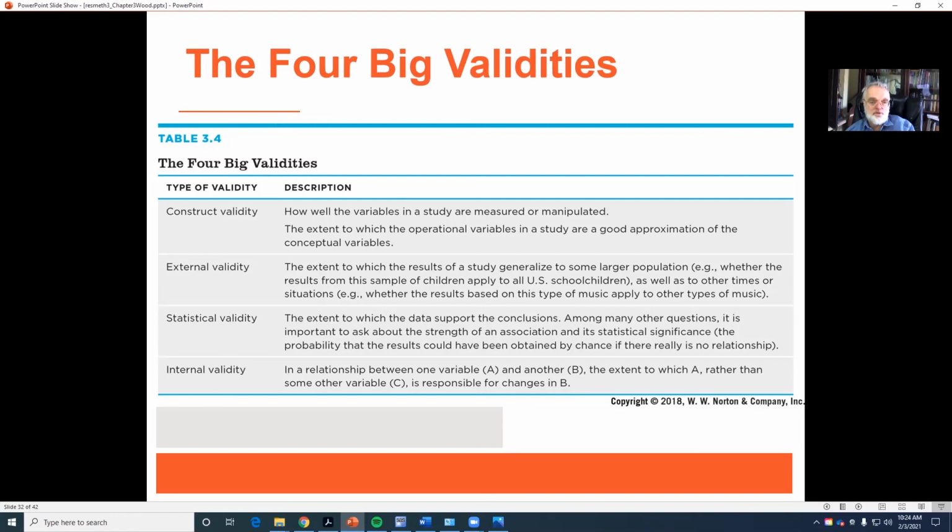Second, external validity: the extent to which the results of a study generalize to a larger population. Now, there's two parts to this, and I really wish that she would have spelled this out a little bit more. First of all, the sample you have is representative of some known population.